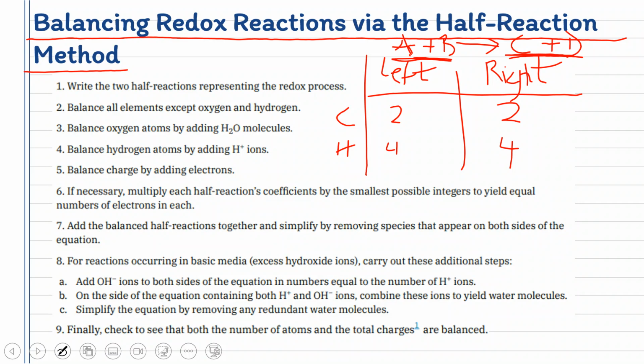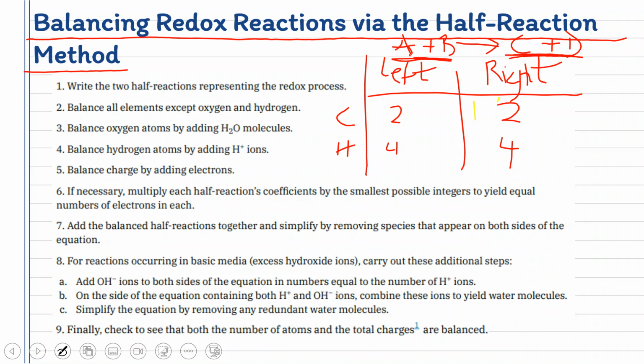We call those products. So when you're balancing a normal equation, we're trying to make sure that the number of atoms on the left hand side is equal to the number of atoms on the right hand side. If they are not equal, we have to do something about it, right? So let's say this was 1. They are not equal.